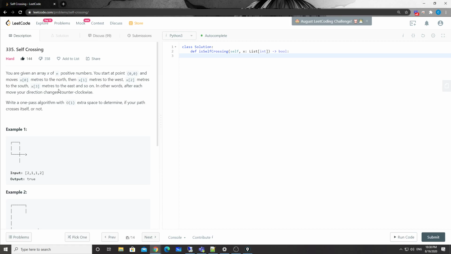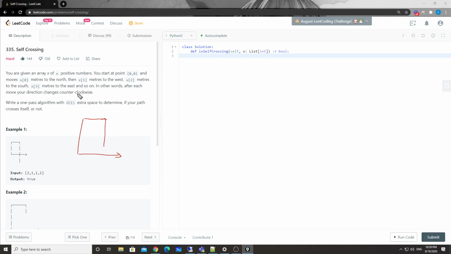Okay, enough talk. You are given an array of integers, and each number represents the length of direction you're going to travel. It starts from going up. Always go up, and the next one will be left, the third one will be down, and the fourth one will be right.